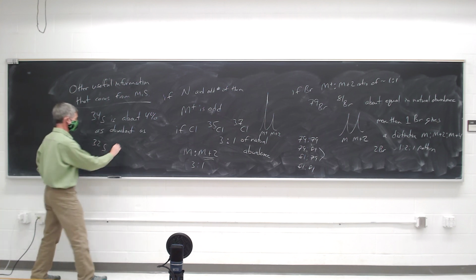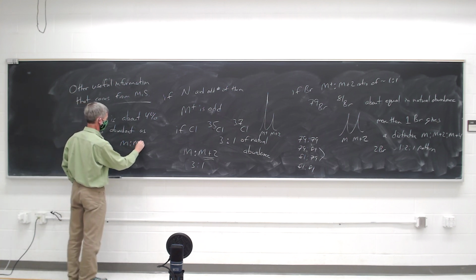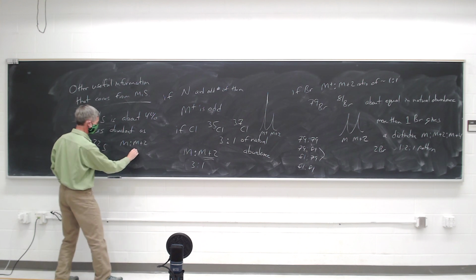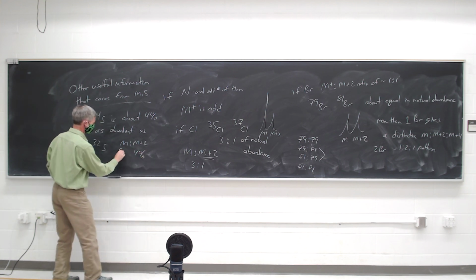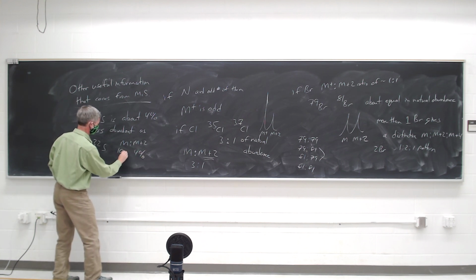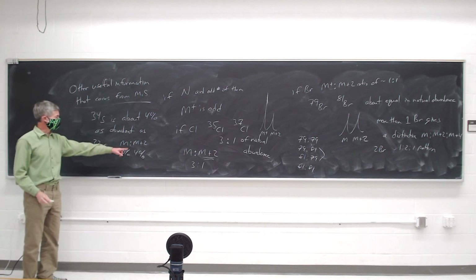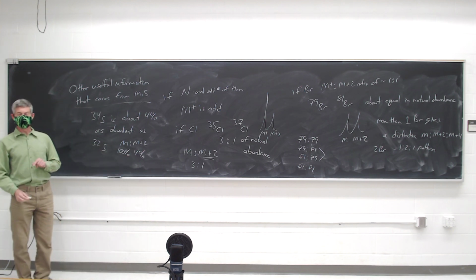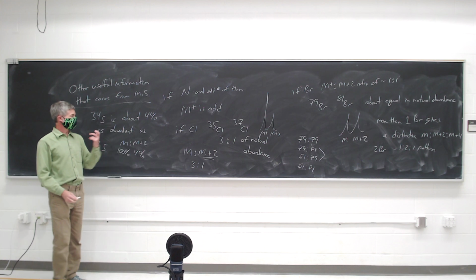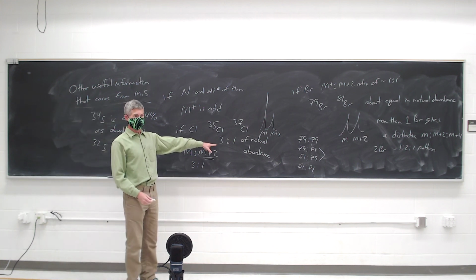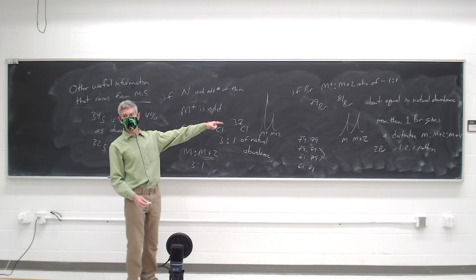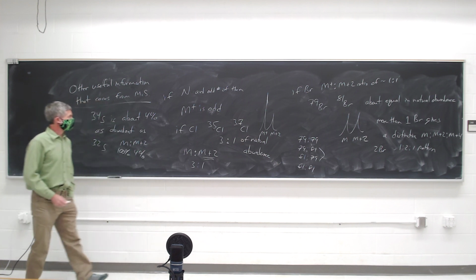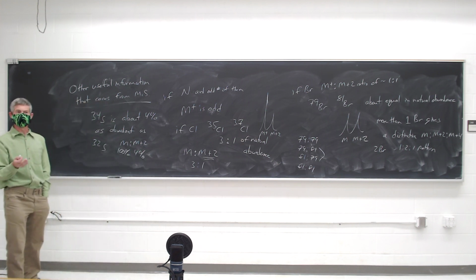So your M to M plus 2 ratio is approximately 4% the height of the M peak. So 4% probably sulfur, a third the height probably chlorine, the same height probably bromine. So you can tell if one of those elements is present.